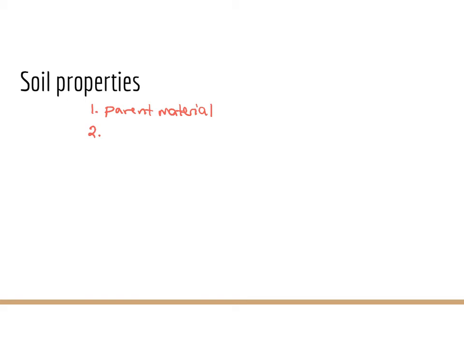Another factor that can determine soil properties is the climate. If you have below freezing temperatures, that's not going to allow for much decomposition, so you're not going to get very many nutrients in the soil. If you have something like the tropical rainforest, you're going to get development really accelerated. The type of vegetation is determined by the climate, and that's going to determine the type of detritus.